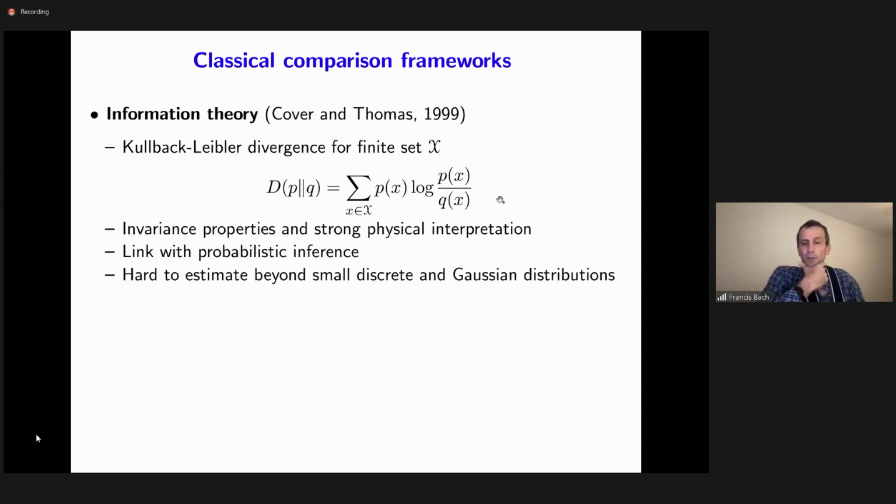It has some nice invariance properties under reparametrization, and it has strong physical interpretations. In terms of communications, like the number of bits to encode P with Q or Q with P, I always forget. Also, it has a strong link with probabilistic inference, through duality. I will come back to that later in the talk. But the issue is that for discrete problems, it's very simple, but as soon as you move beyond discrete or Gaussians, then this is going to be more problematic.